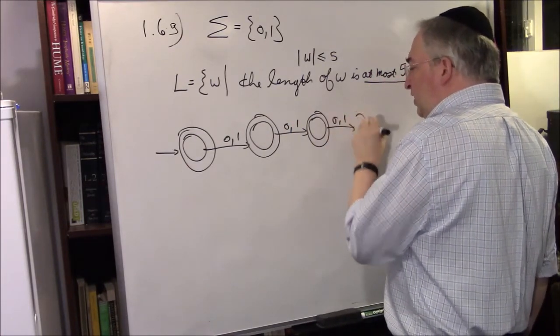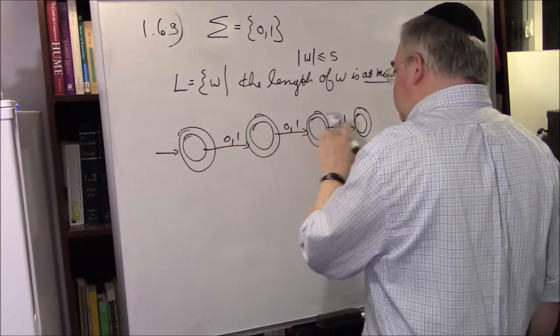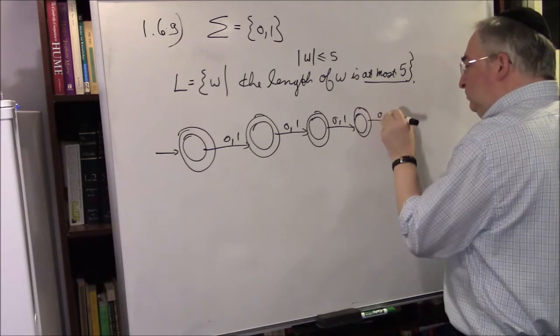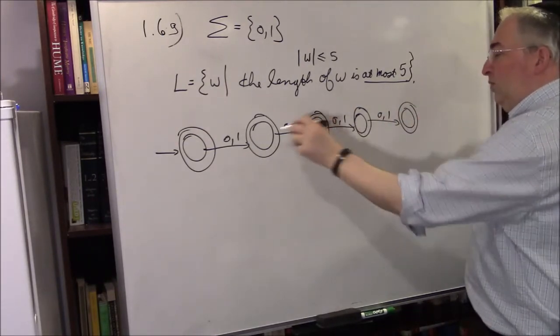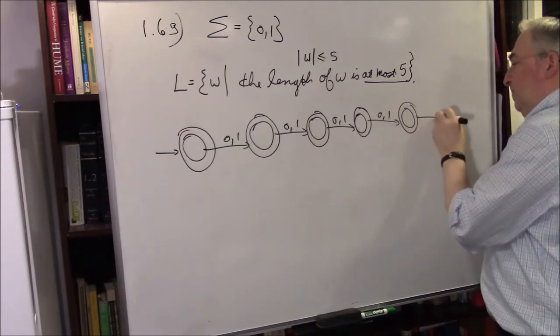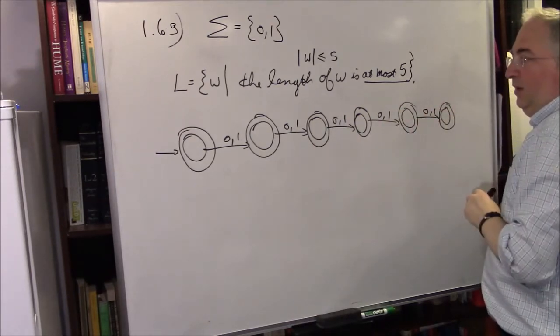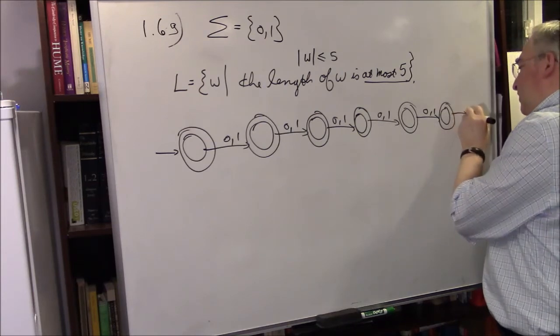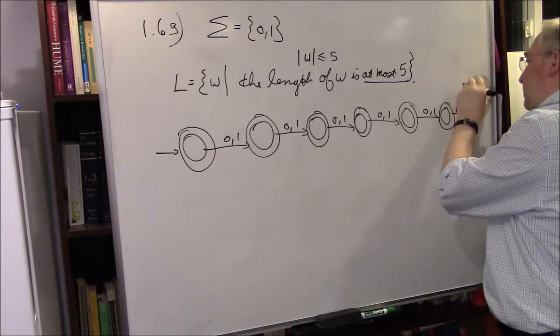You could have another letter, and that would be accepted. 1, 2, 3, and that would be accepted. 1, 2, 3, 4, and that would be accepted. But if you have anything more, you go to a garbage state and you stay there.